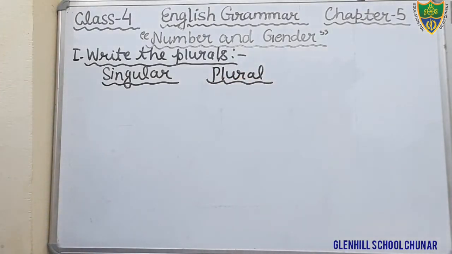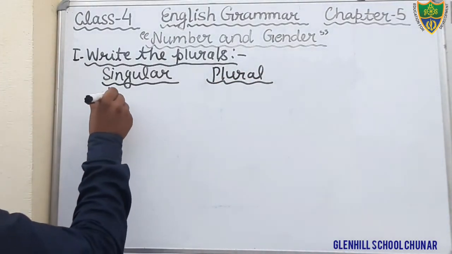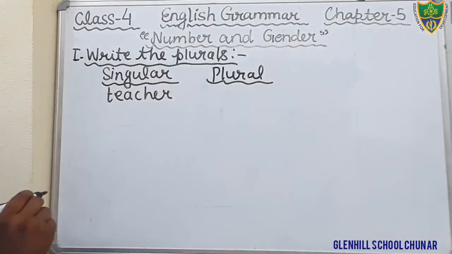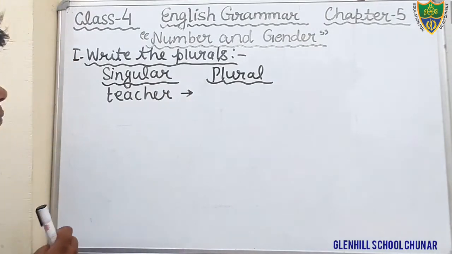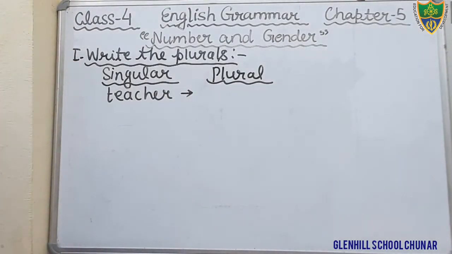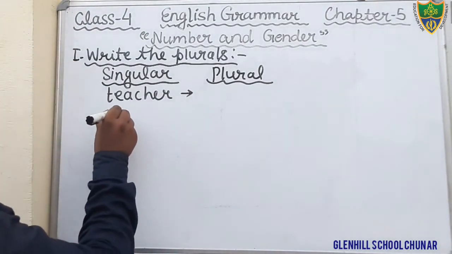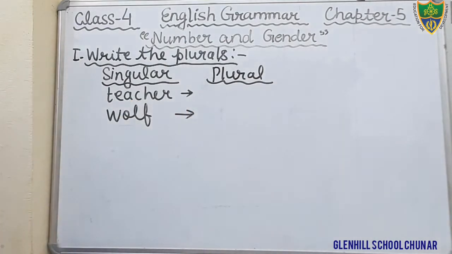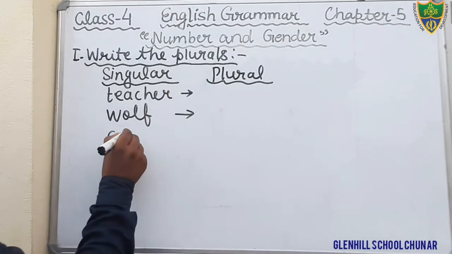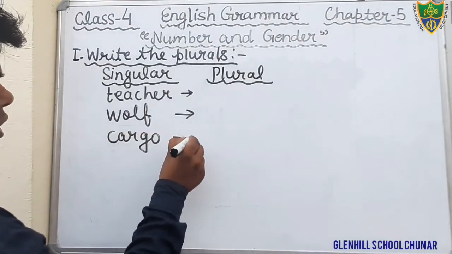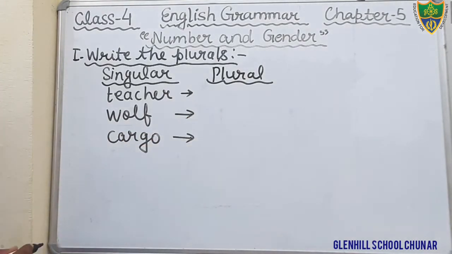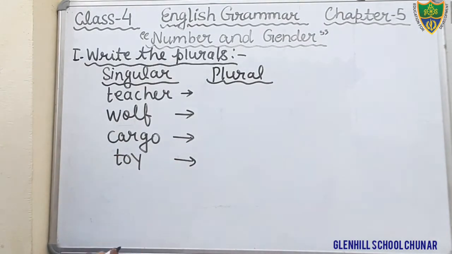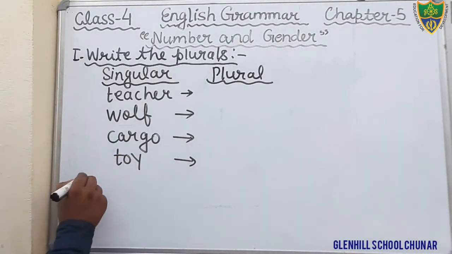Just see students, here first is given teacher. Teacher is singular and you have to make plural. And there are so many words. Wolf, it is singular, you have to write the plural. Cargo, it is singular. Toy, that is singular.